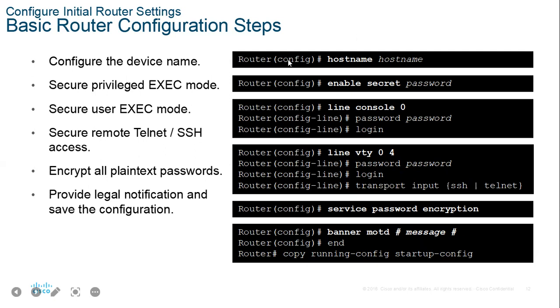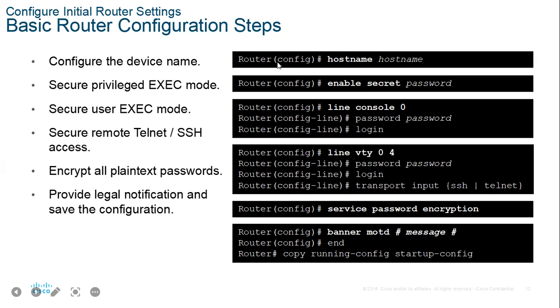For a router, one of the first things you want to do is get into the config mode. You cannot do that in the user execution mode. You can only do that in the privilege mode. So once the router comes up for the first time, you want to do conf t, to get into the configuration mode, or configure terminal.